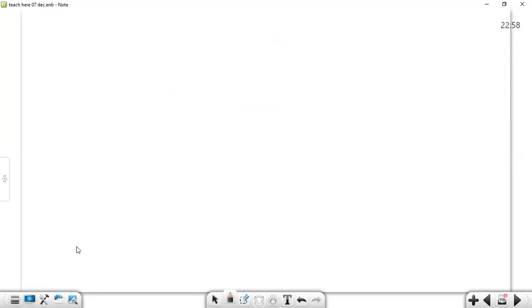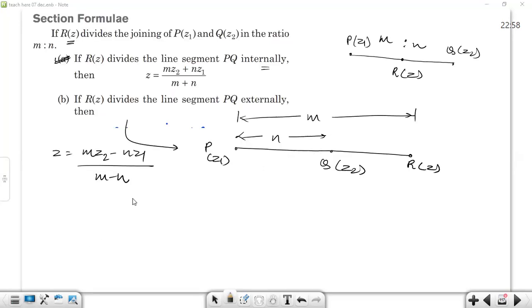Clear? Any doubts, anyone? No doubts? So this is about the application of complex numbers in coordinate geometry, and it is also very much required.